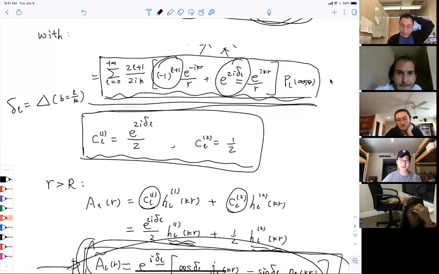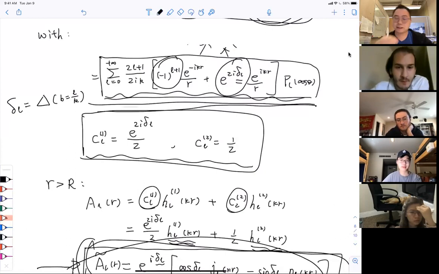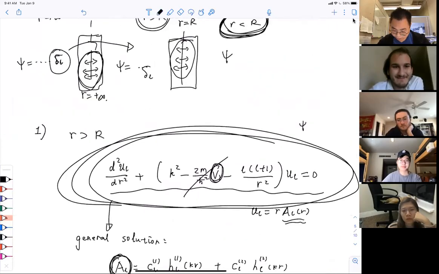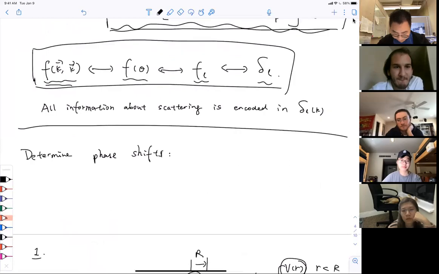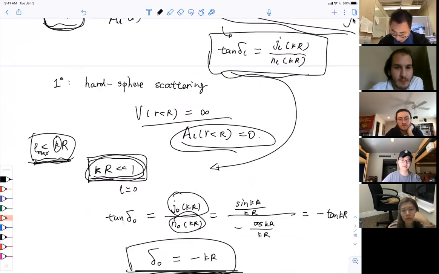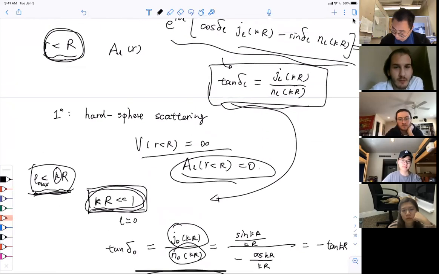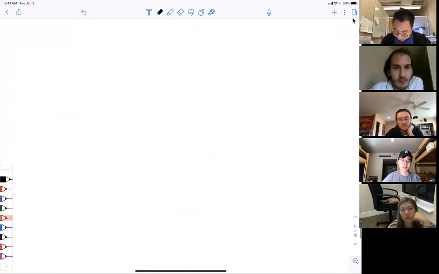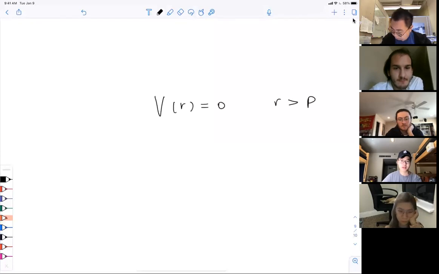I didn't remember exactly, but it's given in that section. Thank you. Sure. But for most of the problems, it looks like what we have discussed here. Let's write it here. V(r) is 0 for r larger than R.